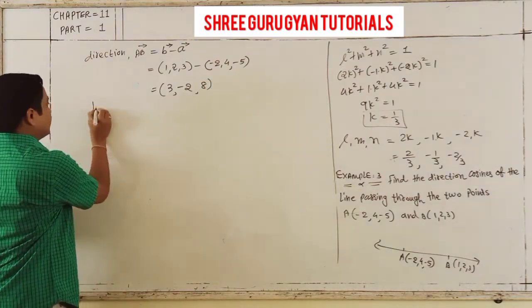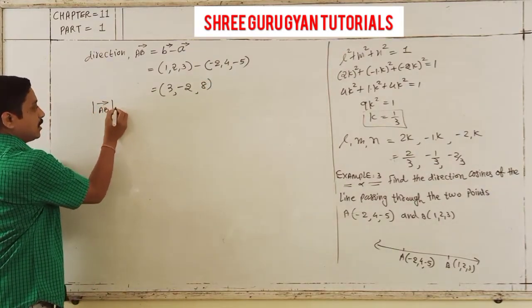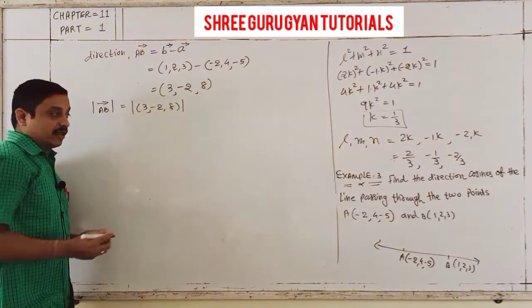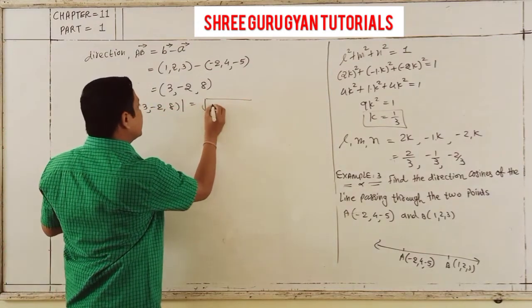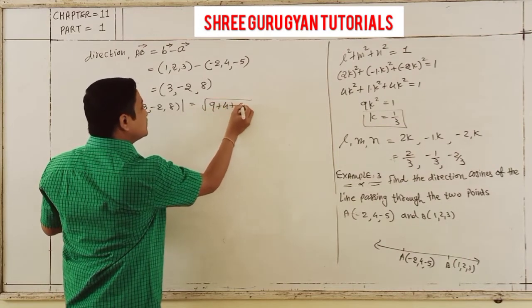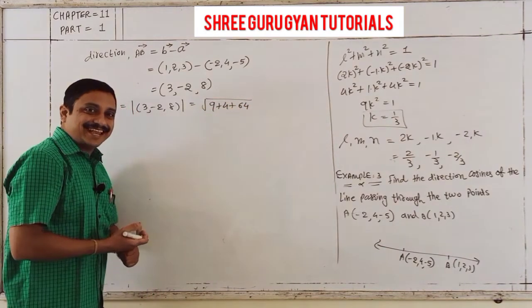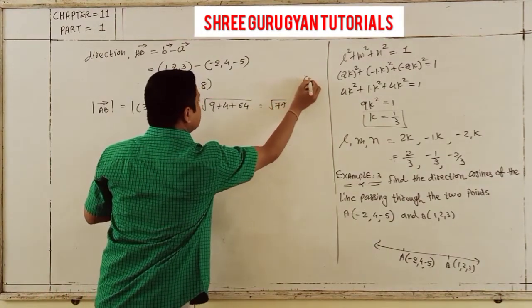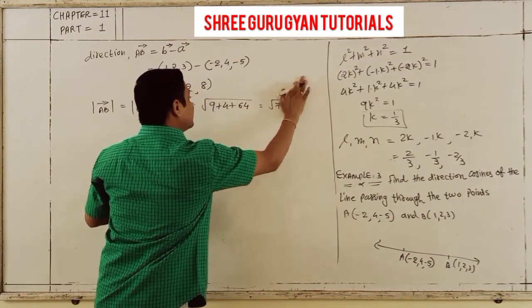Now you will check the magnitude of it. AB magnitude: 3, -2, 8, and the value is easily 9, 4 and 64. 64 and 9, 73, 73 and 4, 77.